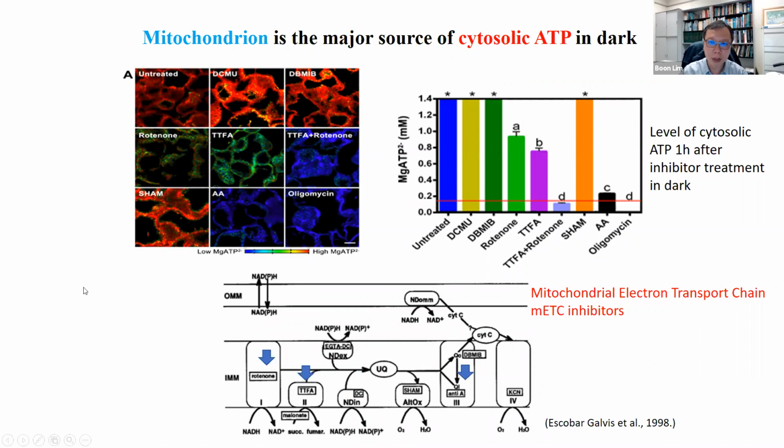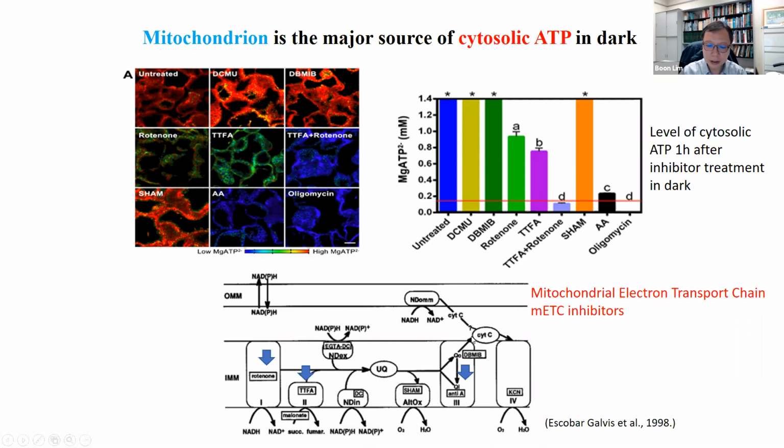In this experiment, we treat the seedlings with different inhibitors of the mitochondrial electron transport chain. And this is the electron transport chain in mitochondria. And this is complex 1. It can consume NADH and then pass the electrons.